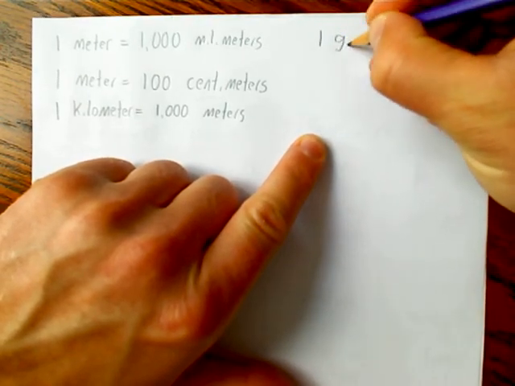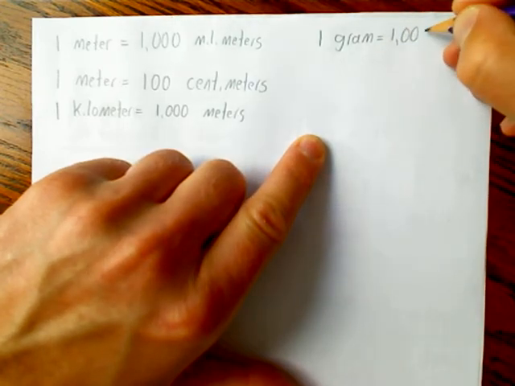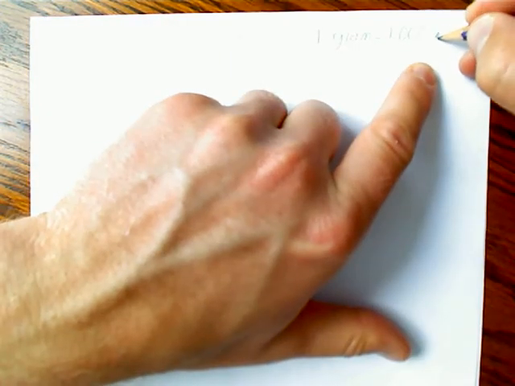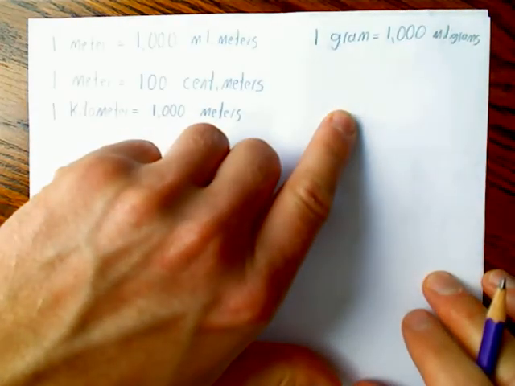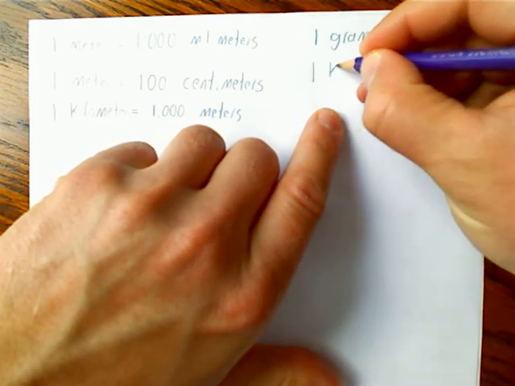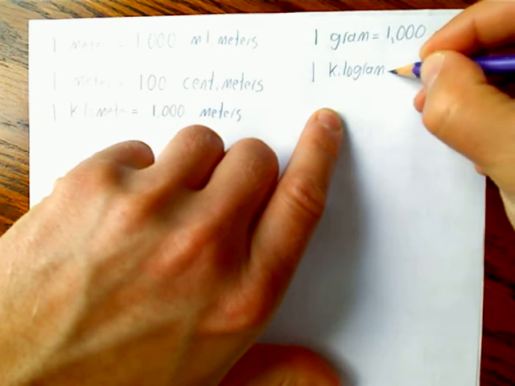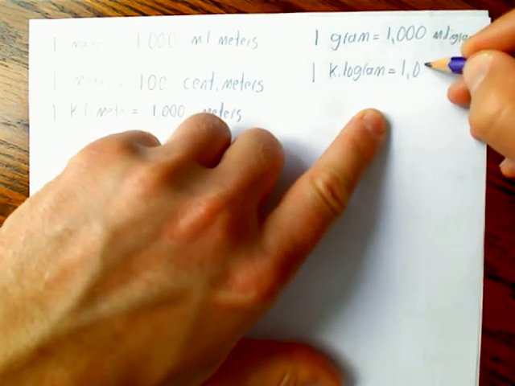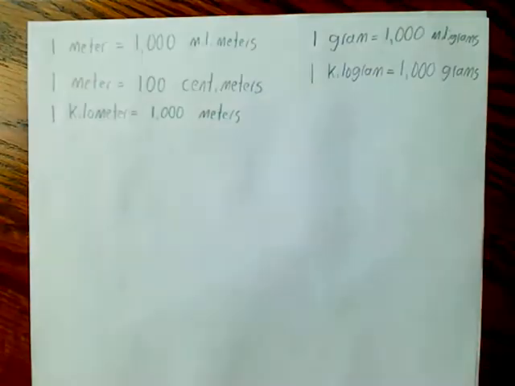1 gram is equal to 1,000 milligrams. And 1 kilogram is equal to 1,000 grams.